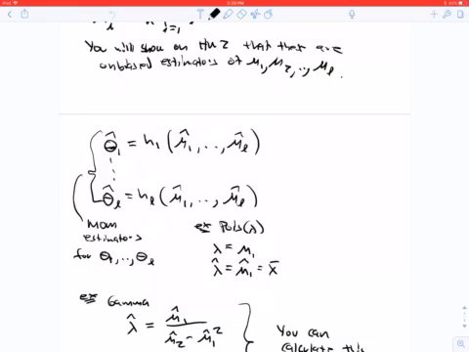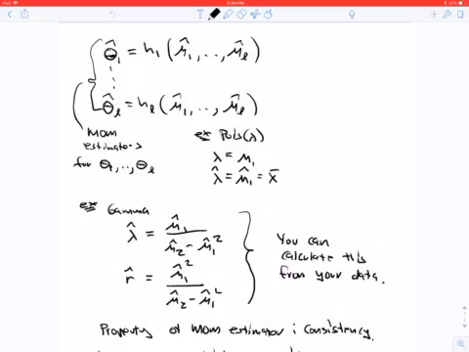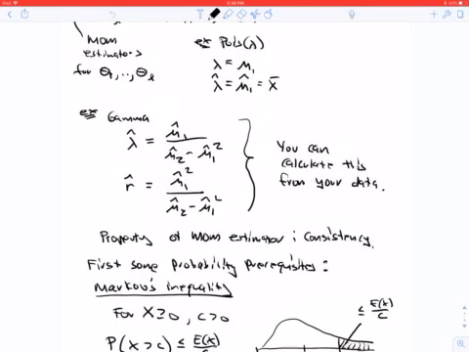It's just like a bootstrap type of situation where we don't know the parameter, so we just stick in an estimator. For the Poisson, this gives us that the MOM estimate is just the sample mean, and for gamma, it's these two functions of the first and second sample moments.